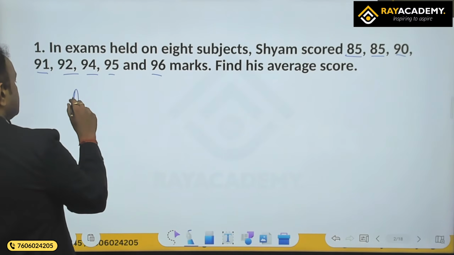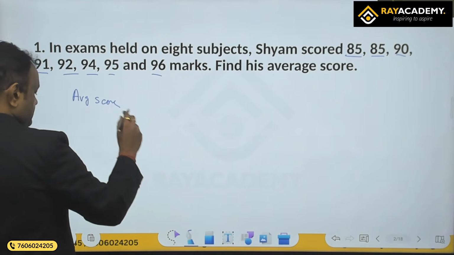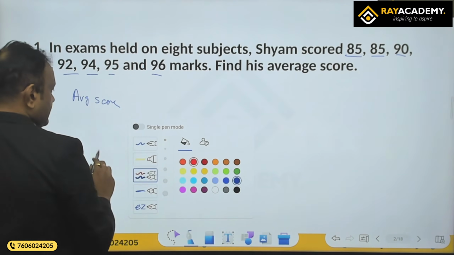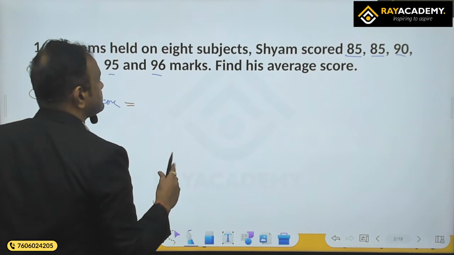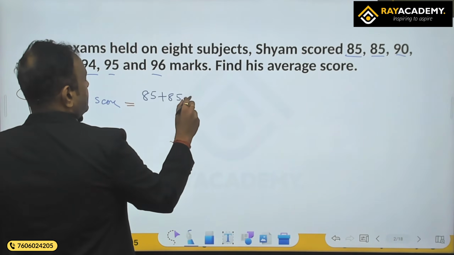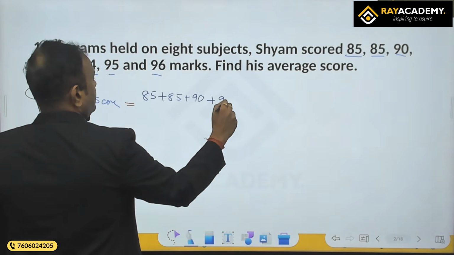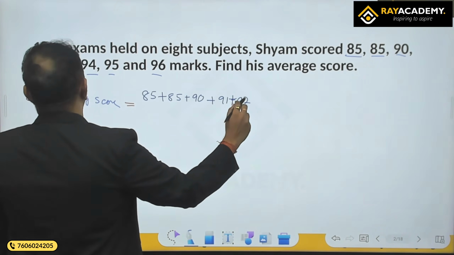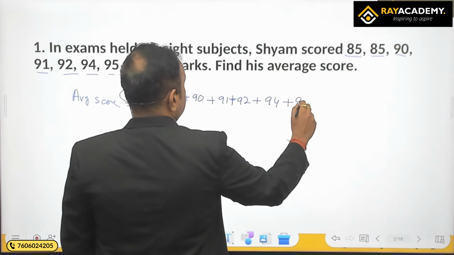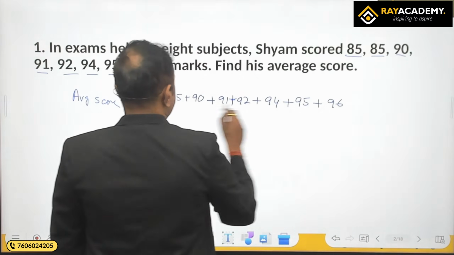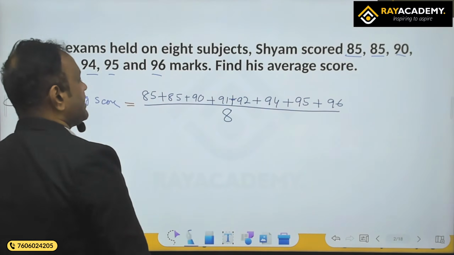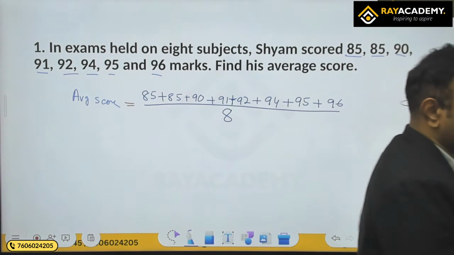So average score equals 85 plus 85 plus 90 plus 91 plus 92 plus 94 plus 95 plus 96 divided by 8. This should be your answer. Nothing else. How many numbers? 1, 2, 3, 4, 5, 6, 7, 8. Check the summation.